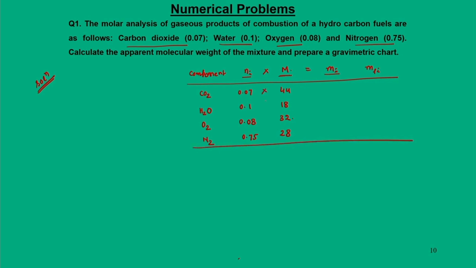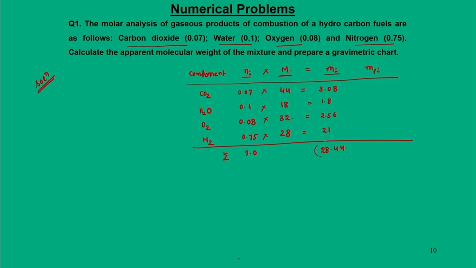Now, when you multiply them you can find the mass. The mass will be 3.08 for CO2, 1.8 for H2O, 2.56 for O2, and for nitrogen it is 21. Now, if you sum these, the sum of Ni is 1.0, and the summation of Mi will be 28.44.